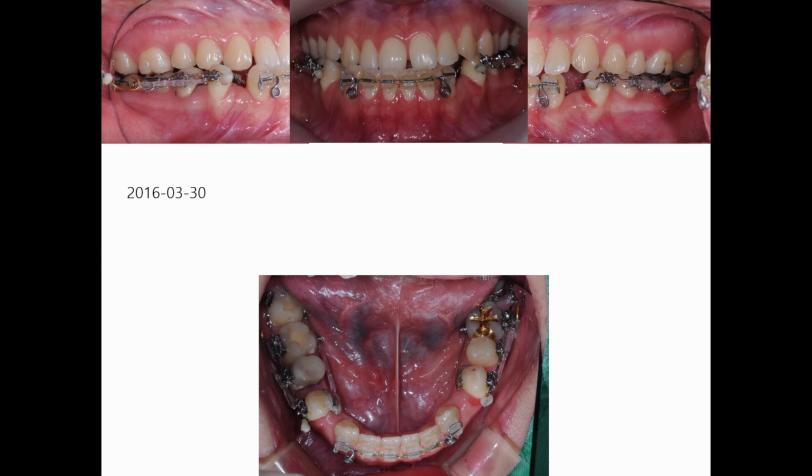And then she controlled the space and bilateral retraction to prevent rotation.